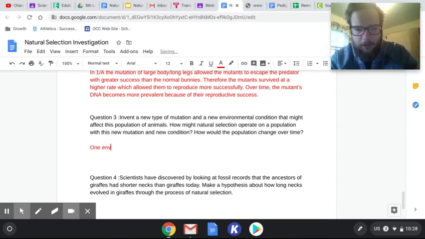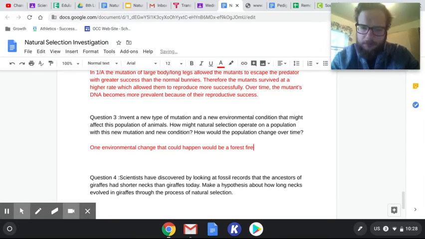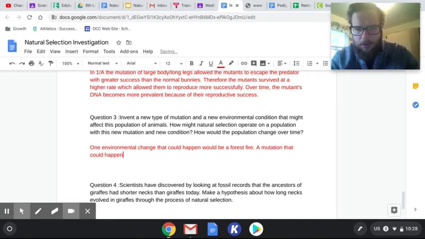One environmental change that could happen would be a forest fire. A mutation that could happen would be, we're going to call it black fur.